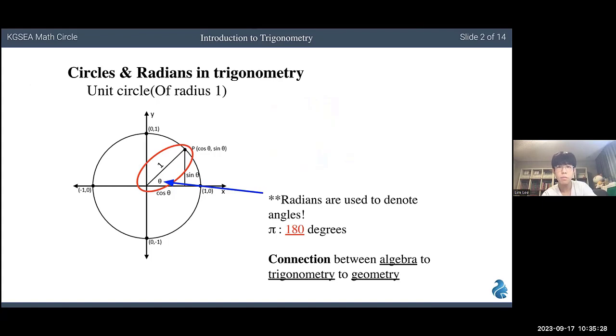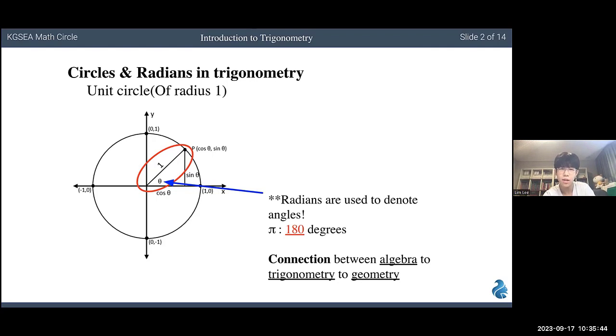You can then state that this point has the coordinates of cosine theta, sine theta. And this is because the line's height relative to the x-axis is represented by the sine of theta, and correspondingly, the adjacent side is equal to cosine theta.